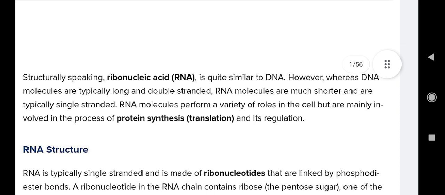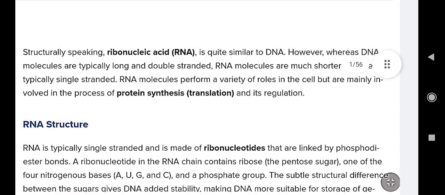Structurally speaking, ribonucleic acid or RNA is quite similar to DNA. Whereas DNA molecules are typically long and double stranded, RNA molecules are much shorter and typically single stranded. Why are they shorter?